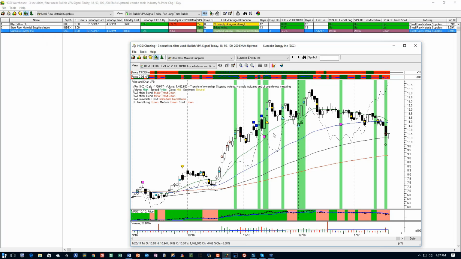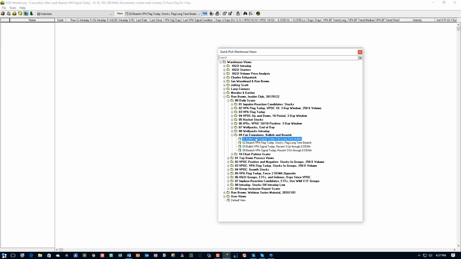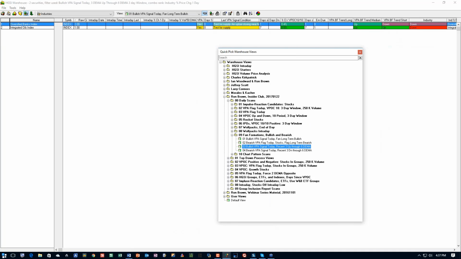Okay, but just remember, you can apply these views to the indexes also. None came up as bearish. As I go down through this list, here's a couple more screens. This is for early entry or after a pullback when a group or a stock may start moving again.